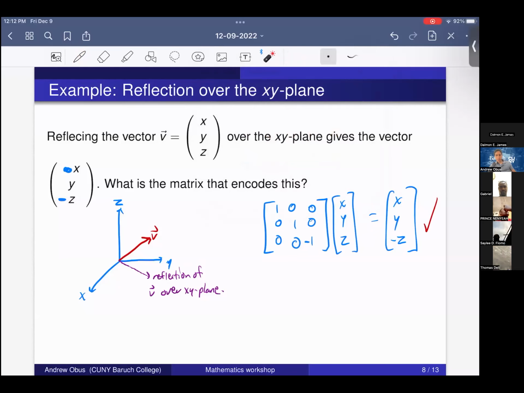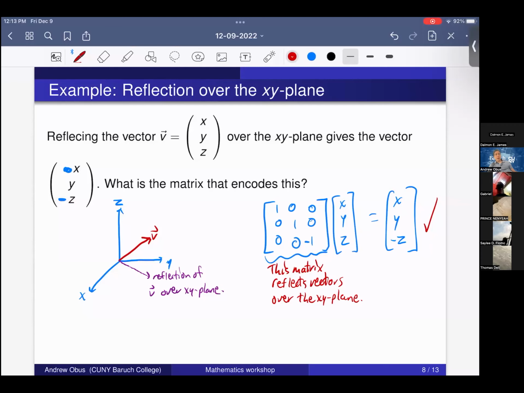Okay, again, let me mute. Okay, right, so if I take this matrix and I multiply by x, y, z, I get x, y, minus z, right? So what this tells me is that this matrix here reflects vectors over the xy plane.